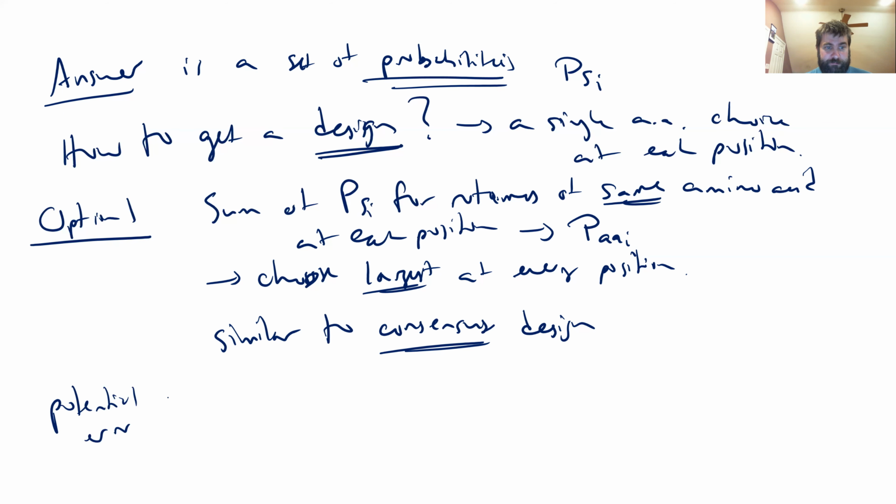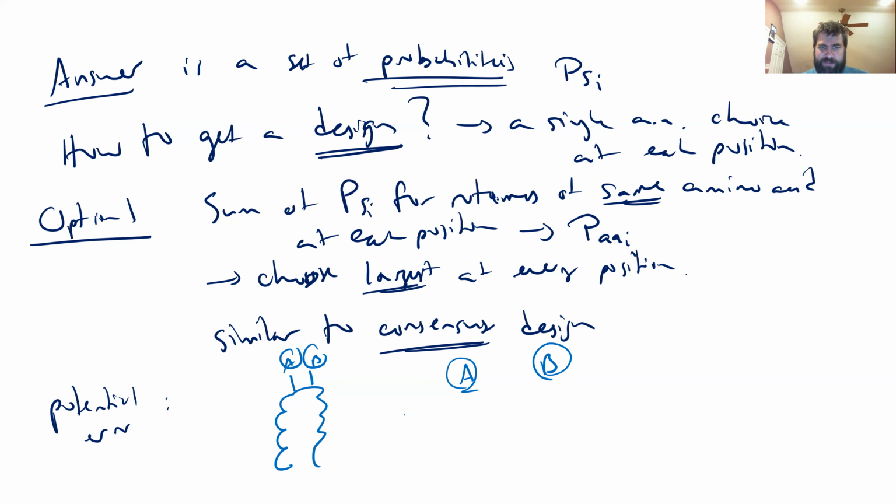A potential error in naively using this approach might be this: imagine there are two positions that are close to one another, position A and position B. Maybe when we look at these probabilities at position A and position B, a salt bridge is very, very favored there.